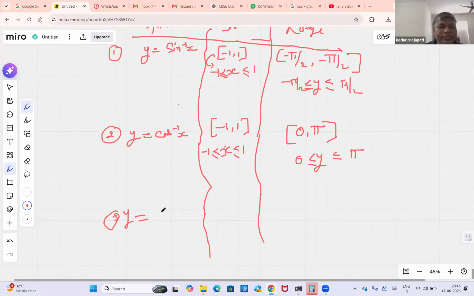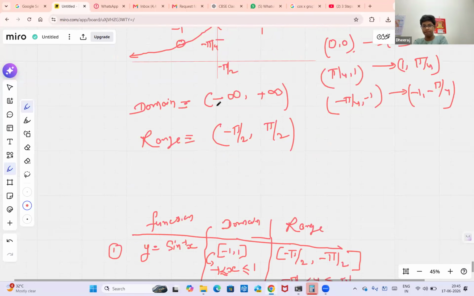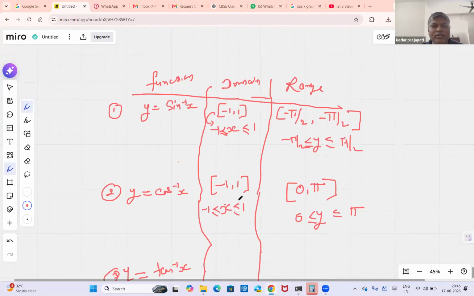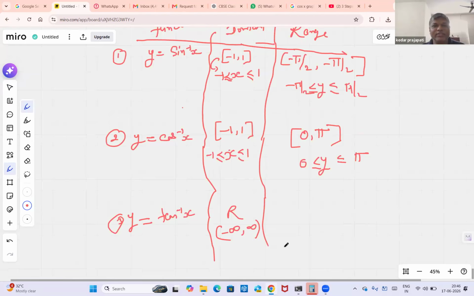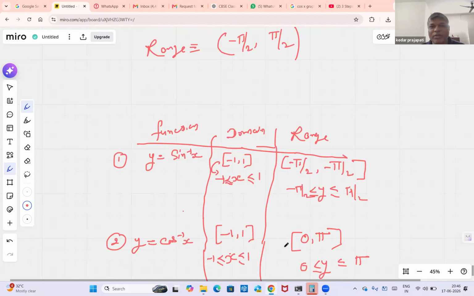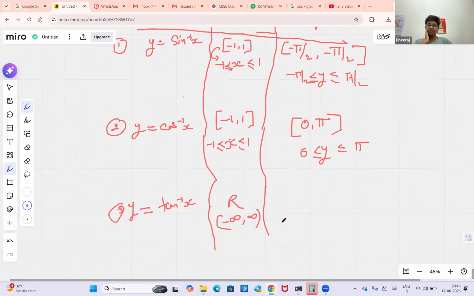Y equal to tan inverse x. What did we learn for this? The domain is all real values. So the domain is R, or you can also write minus infinity to infinity. And the range is minus pi by 2 to pi by 2, open bracket, because your line will not reach the pi by 2 line. Only at infinity it will meet.